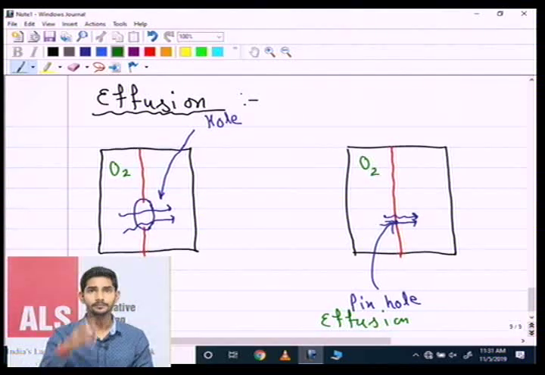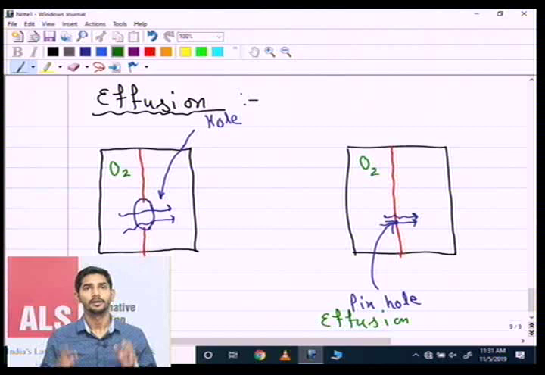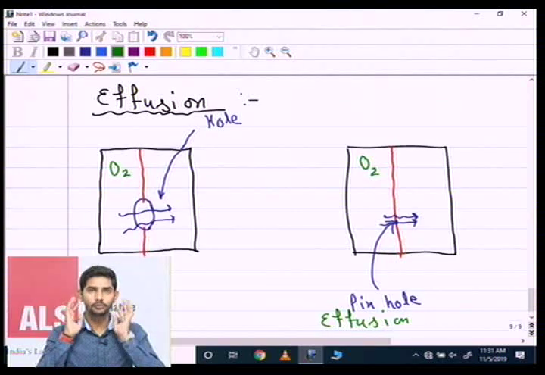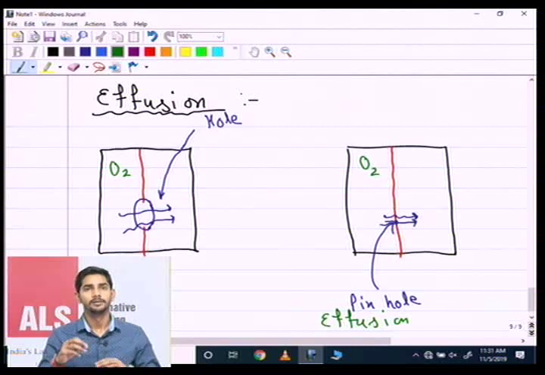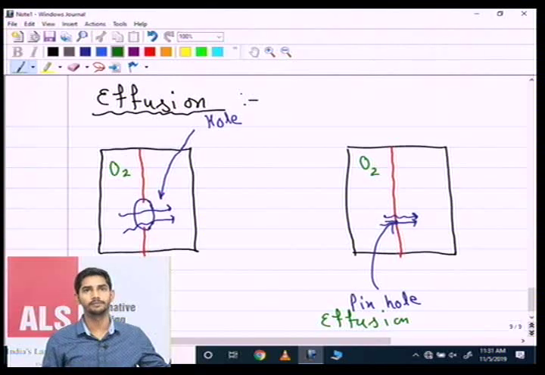Now let me take another example. Let's say suppose you have got a bike, and this is just a supposition, don't take it personally. Suppose your tire gets burst, what will happen? If you look at the tube, don't say sir tubeless tires are there, I'm talking about the time when tubeless tires were not present.